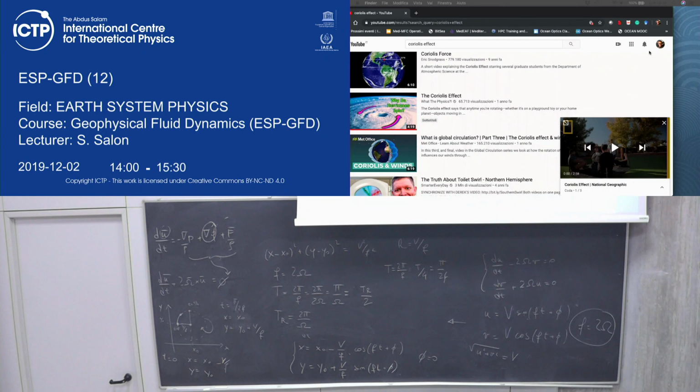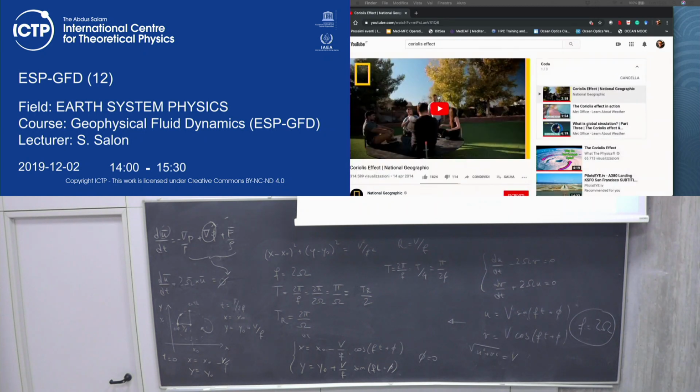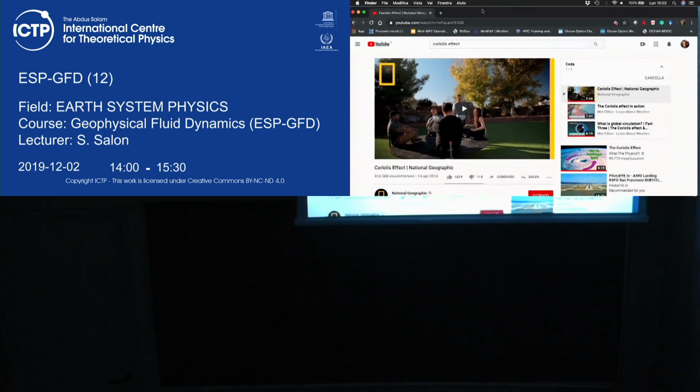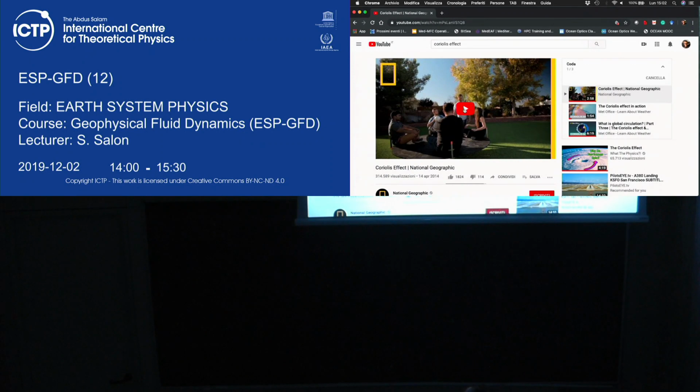So, just to have an idea of how the Coriolis effect acts on the motions.